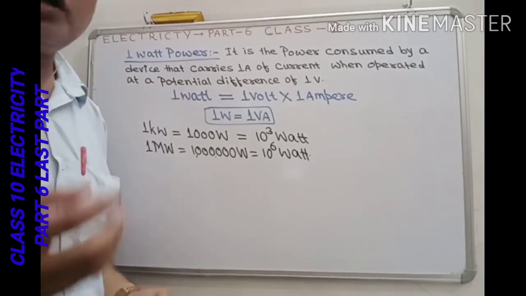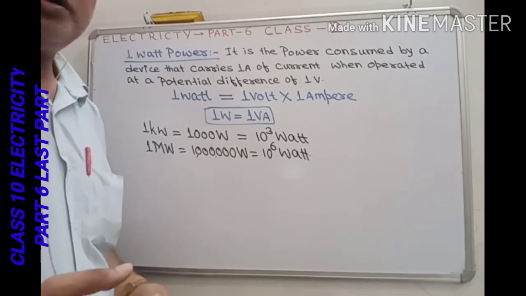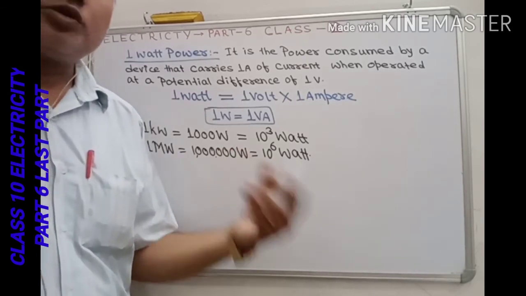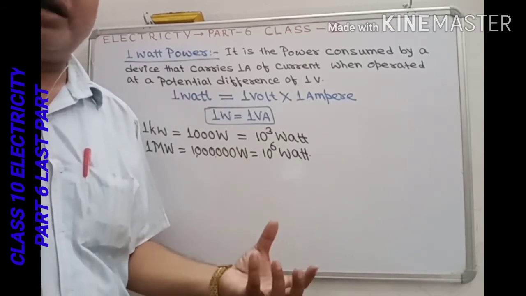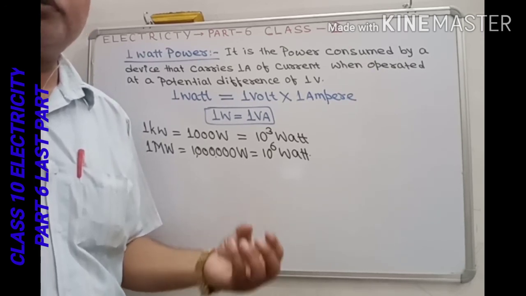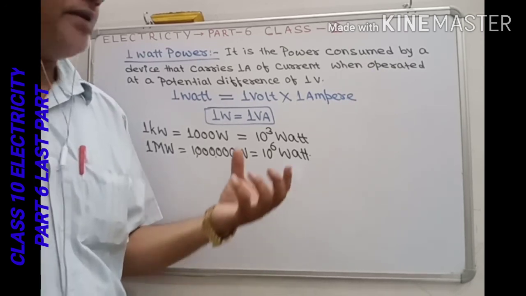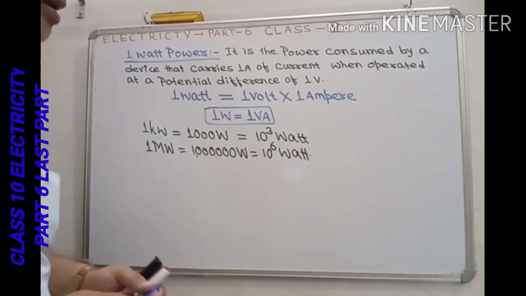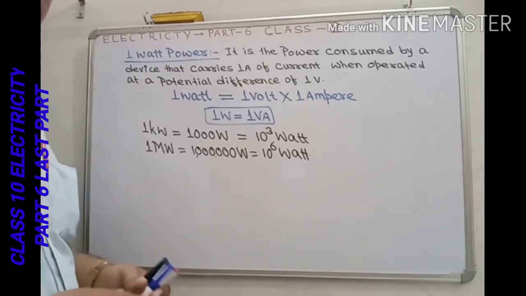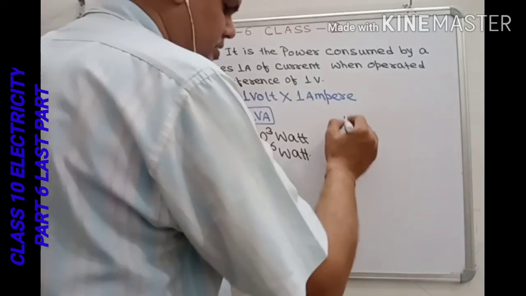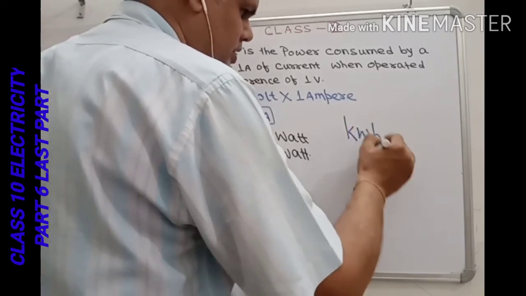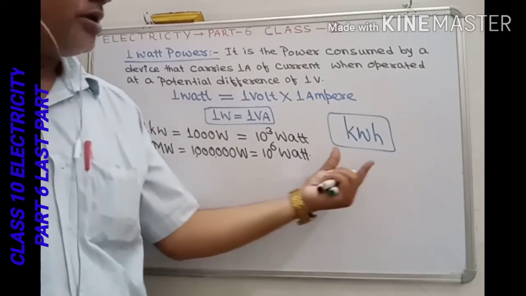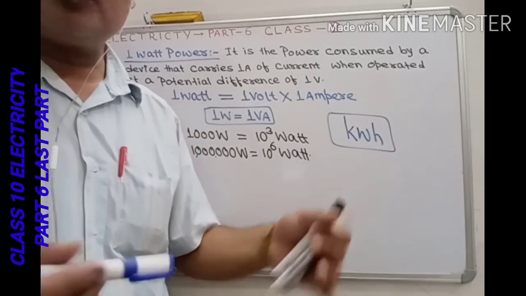Now the commercial unit of power, in which the energy is sold or purchased, was set up by the Board of Trade Union, and that unit is called kilowatt hour. This is the unit in which the power is sold or purchased.